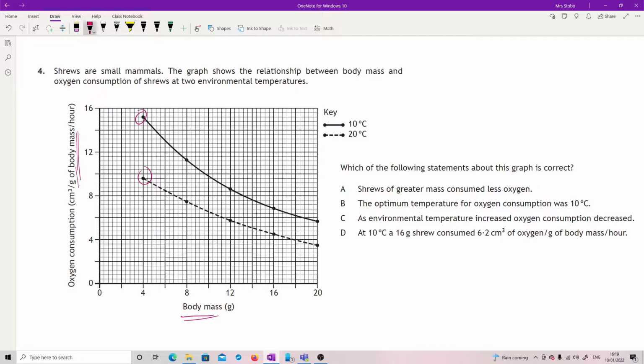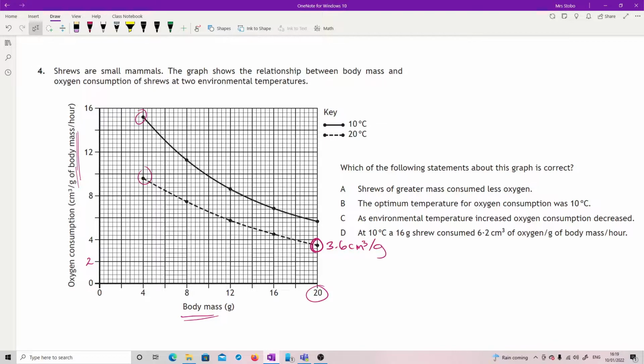So if I look at this 20 gram shrew over here, we'll just look at the 20 degree one because it's lower, this one is going up in 0.4s, so that would be 3.6 centimeters cubed per gram.